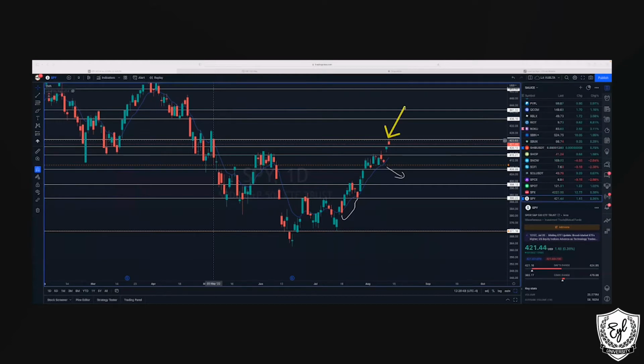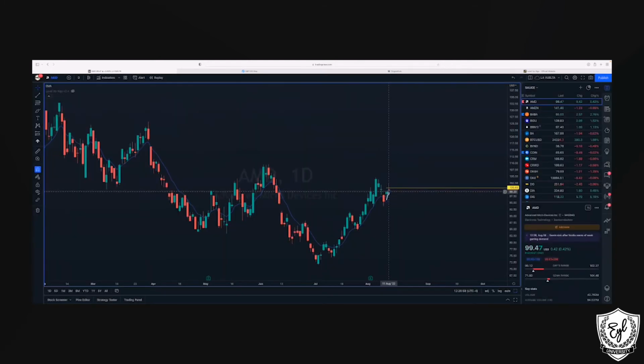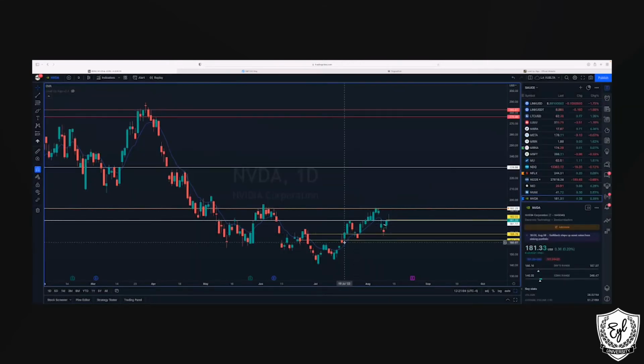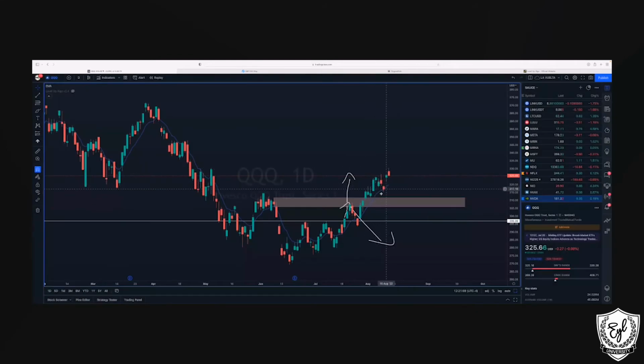But again, every other ticker that we see here, if I just go ahead and put in AMD, it came back to retest. If I put in NVIDIA, every single ticker is above my 21 EMA. If I put in QQQ, every single one of them is above my 21 EMA. So right now we are short-term bullish. We have a short-term bullish action going on right now when it comes to these different securities, right?